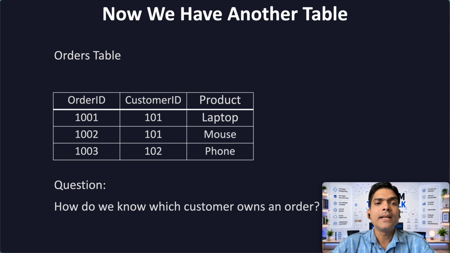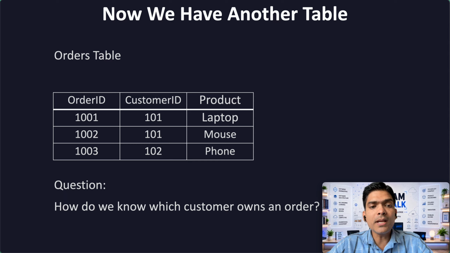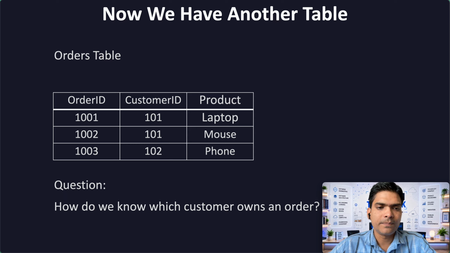Now, let's introduce another table, orders. Each order has its own order ID, but notice something interesting. The orders table also contains customer ID. Why? Because an order belongs to a particular customer.